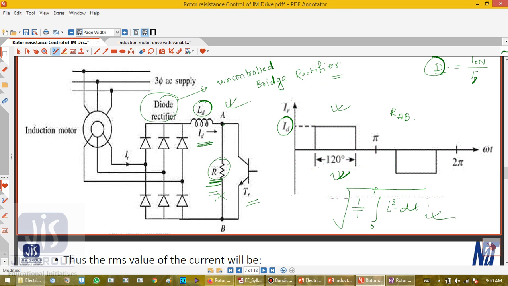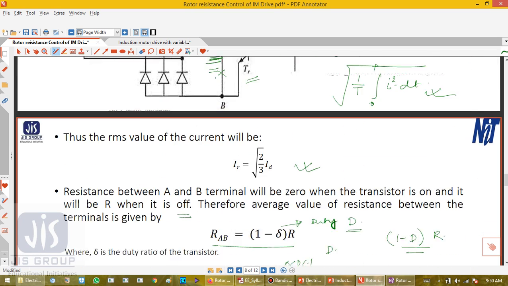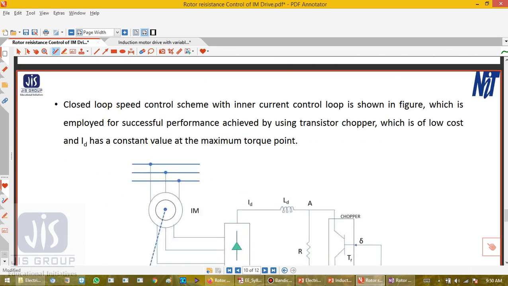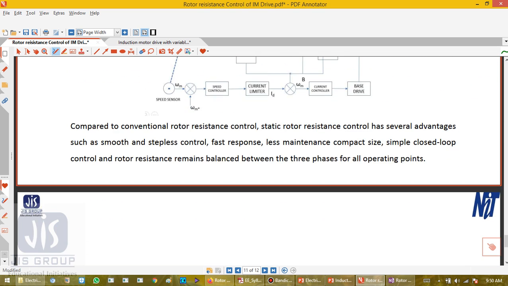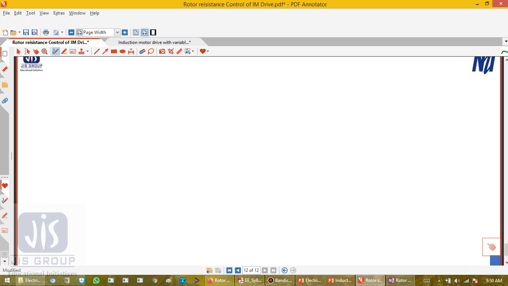The advantages are smooth and stepless control, fast response, less maintenance, compact size, simple closed loop control, and rotor resistance remains balanced between the three phases for all operating points.